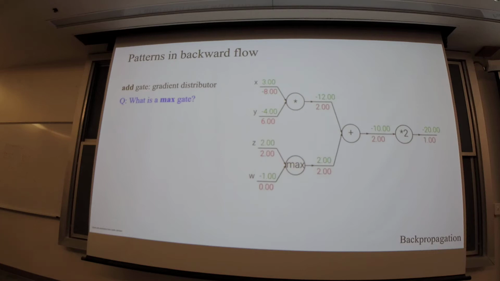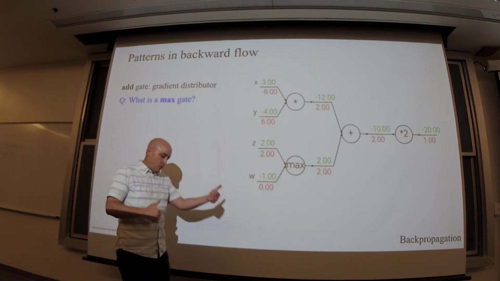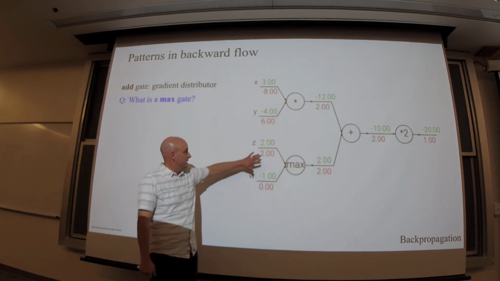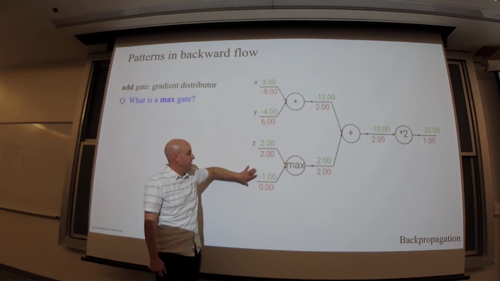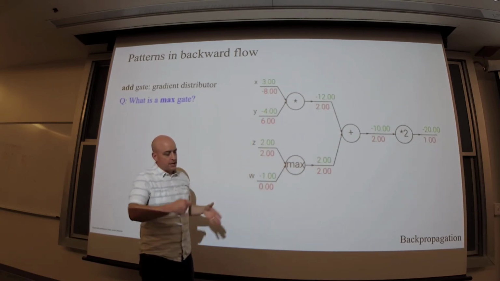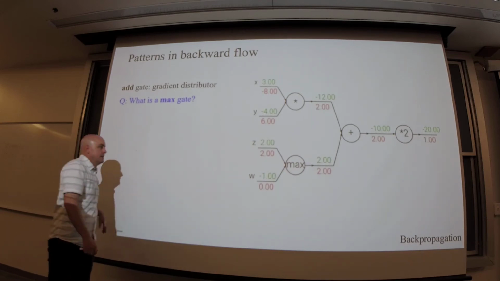So it's pretty simple. We just have to keep track of which one's greater. The local derivative is 1 for the variable that's greater, and for the other one the local derivative is 0, because it's not depending on that input that's less.